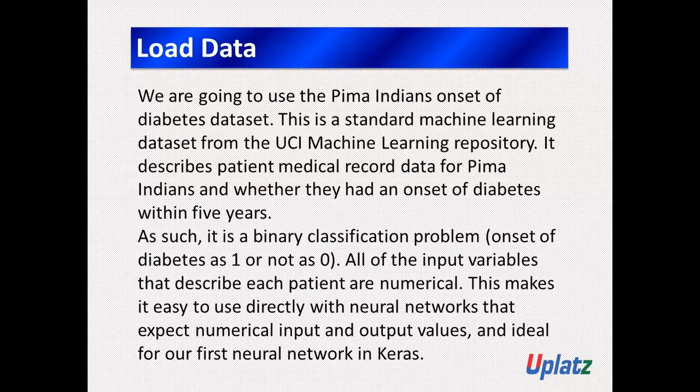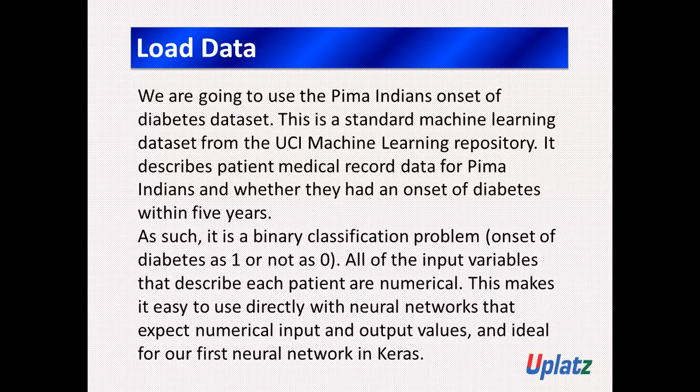As such, it is a binary classification problem: onset of diabetes as 1 or not as 0. So we need to predict whether a person will have diabetes or not.